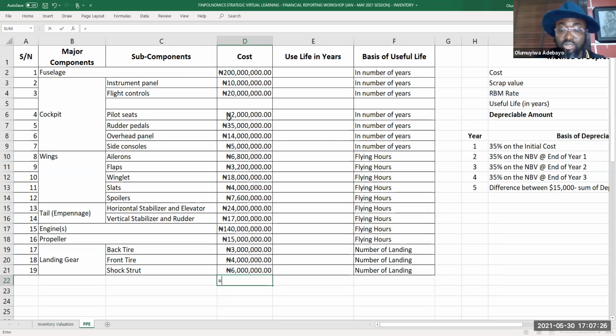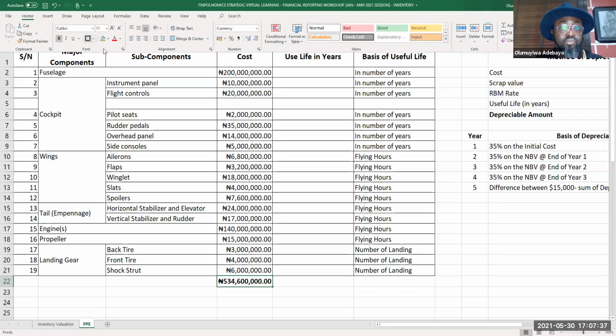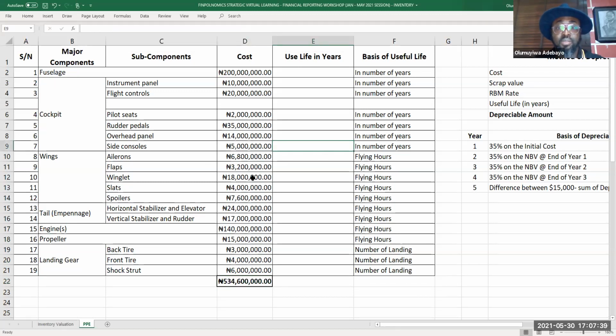Now, this is the total cost of an aircraft in Nigerian naira. Okay, and the useful life is based on these parameters. For the fuselage, it is based on the number of years.